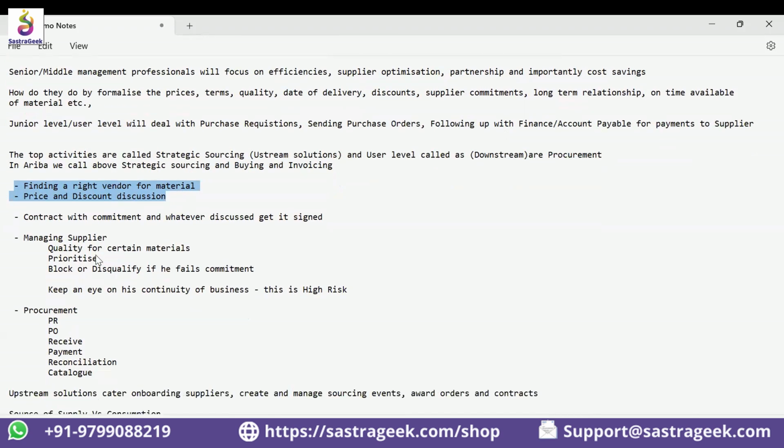We want the supplier to be available if he is providing good quality of services. If there is a failure on the supplier's part, we want to block that vendor. That is possible under supplier management, which is SRM's replacement module, SLP, SAPM, all of which we can call managing suppliers. So these three parts are the objective of the upstream solution.